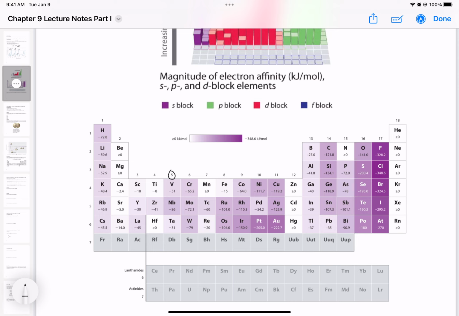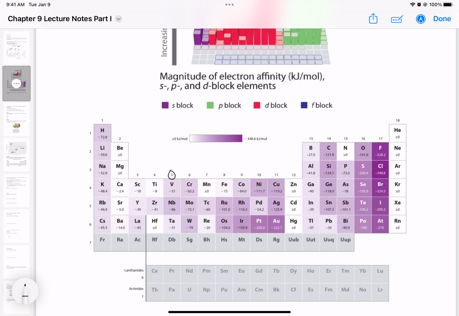Looking at these numbers, only a few elements break even across 0, and most of them have negative values. Okay, the noble gases don't have values at all, and that's because they have no need for gaining an electron. It's going to be energetically costly because they're already at a stable electron configuration, so they don't want any more electrons.